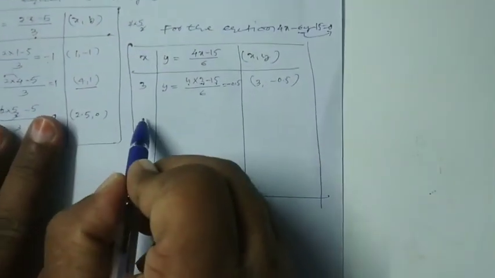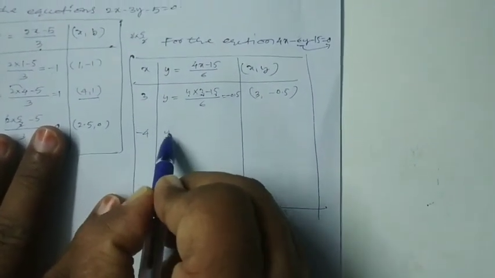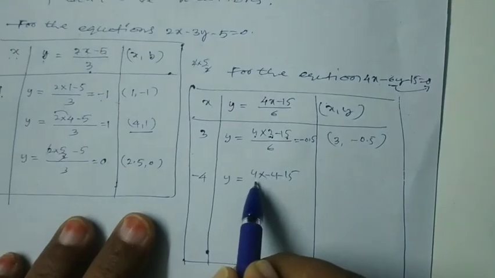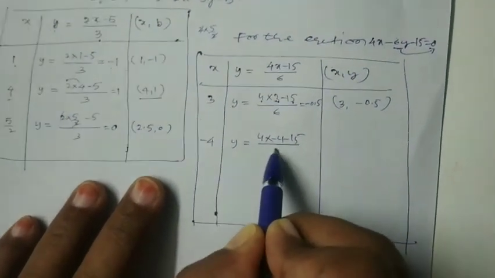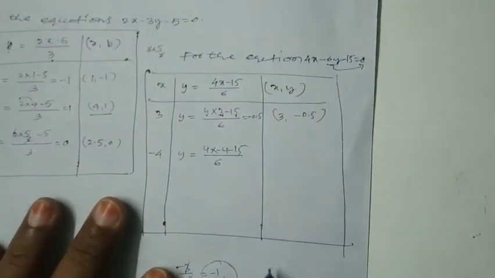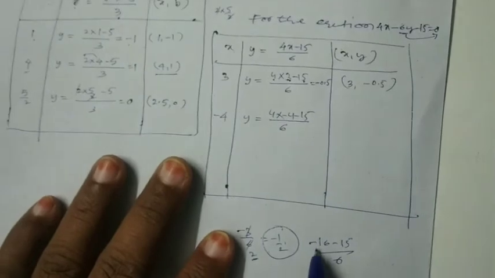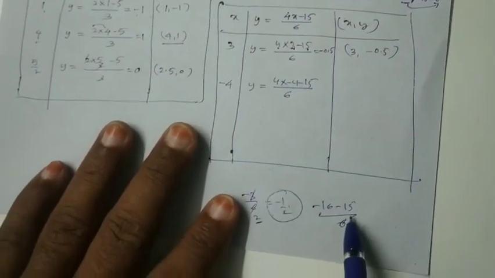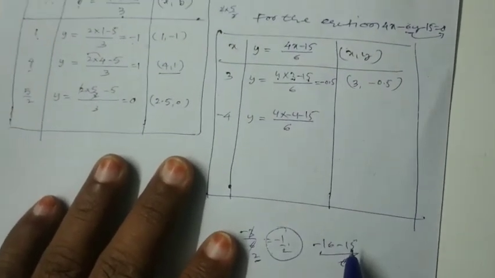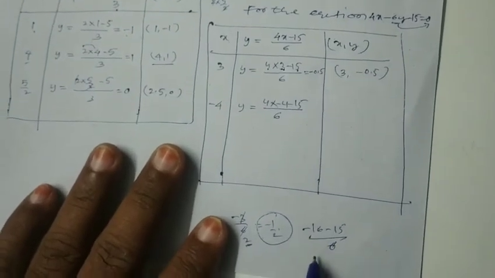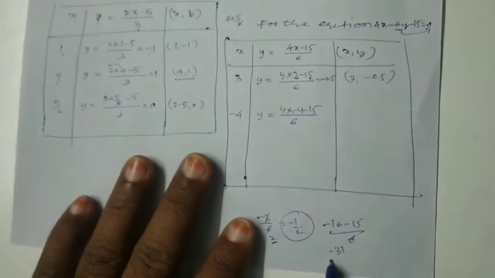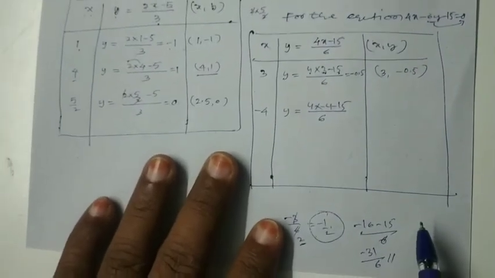Next, minus 4 we should take. y equals 4 into minus 4 minus 15 by 6. 4 4s are 16, minus 16 minus 15 is equal to minus 31 by 6 will come, children.